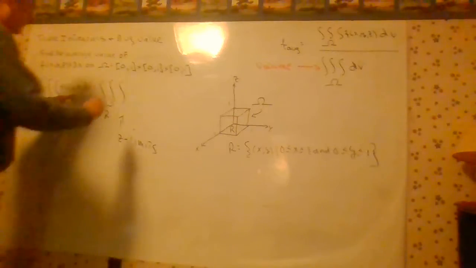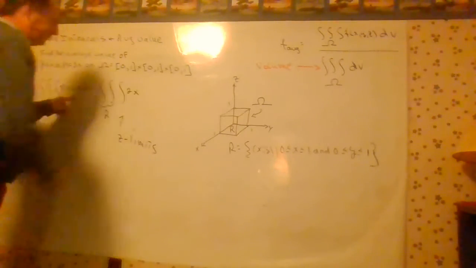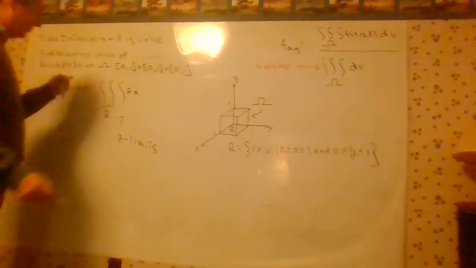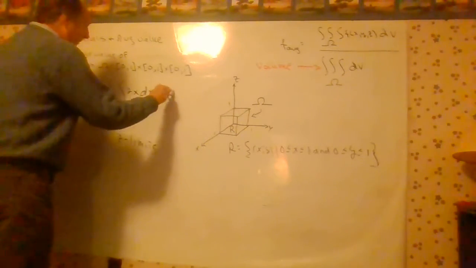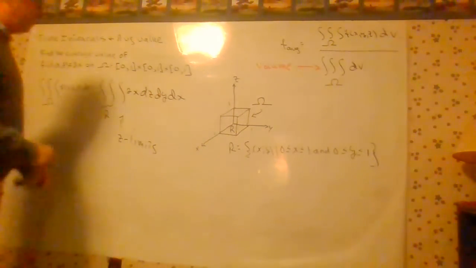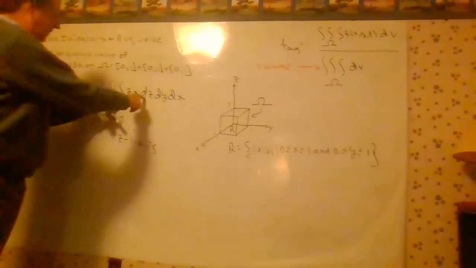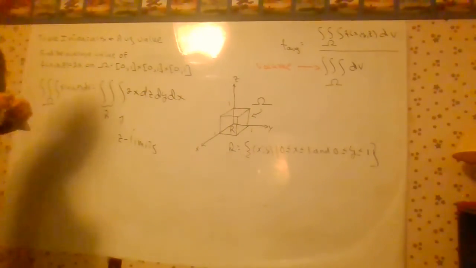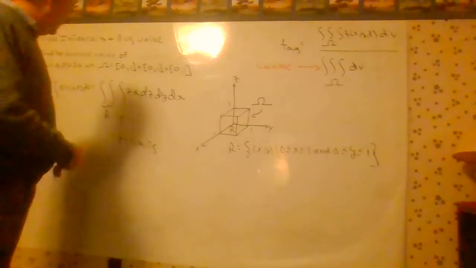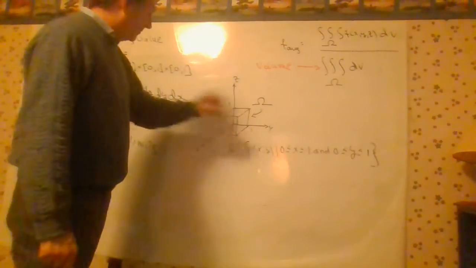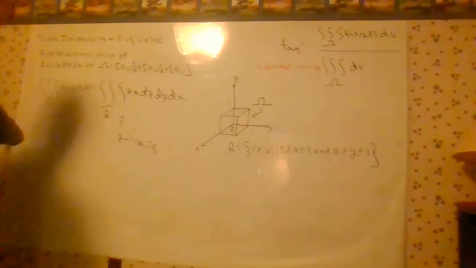We want to integrate the function 2x, and the order of choice is usually dz, dy, dx. And so z is right here, and then dy, dx. The way we think of a triple integral is to start with a double integral. What limits do we have to integrate over this rectangular region?